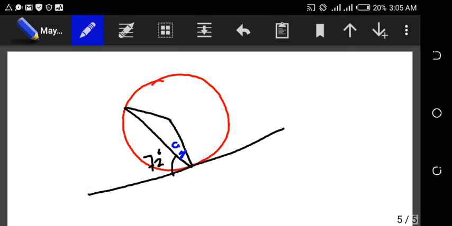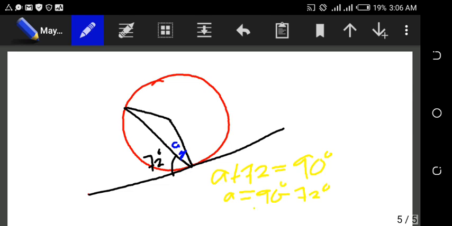So ordinarily it will mean that our A plus 72 must give us 90 degrees, because the value from here to here is 90. So A is equal to 90 minus 72 degrees.